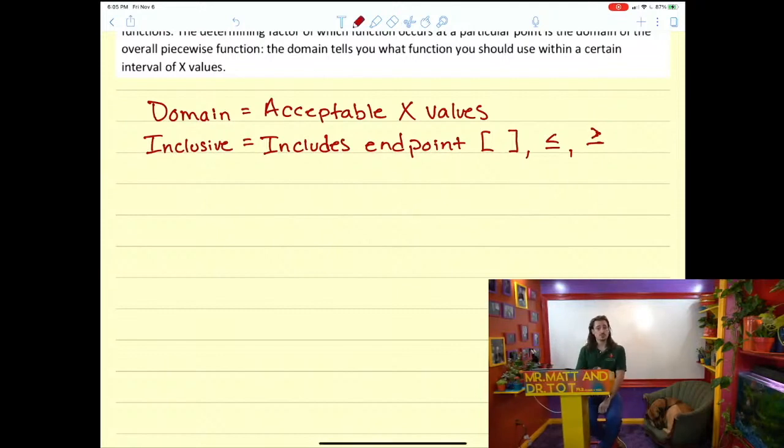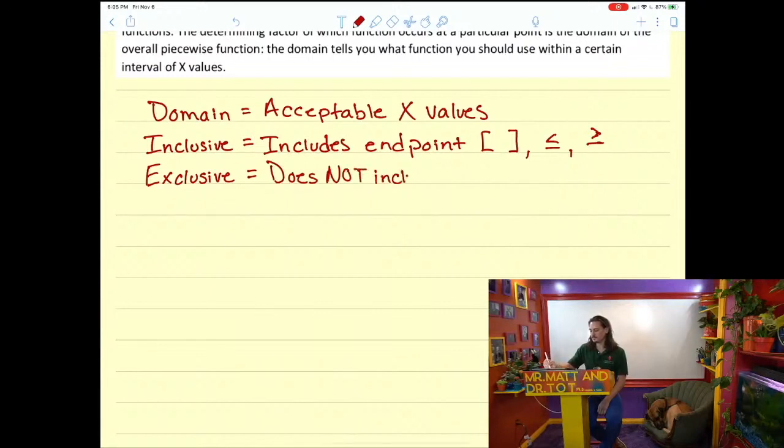So the or equals to means that you can include that endpoint in your consideration. However, if you have an exclusive domain, that means that it does not include the endpoint. And that's usually given, if it's using a bracket form of notation, then you would use parentheses here, or less than or greater than. Notice not the less than or equal to, and not the greater than or equal to.